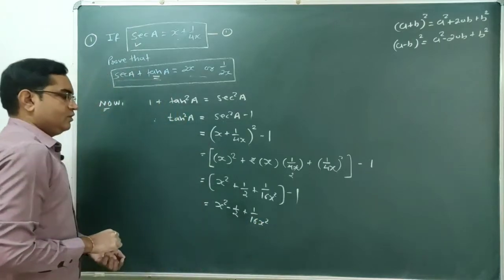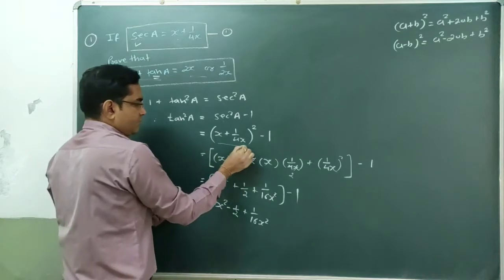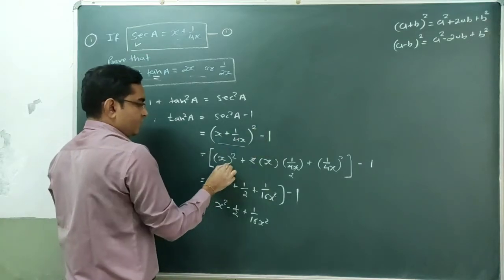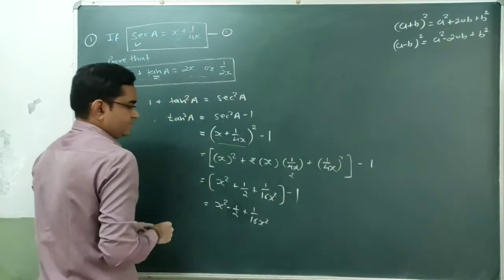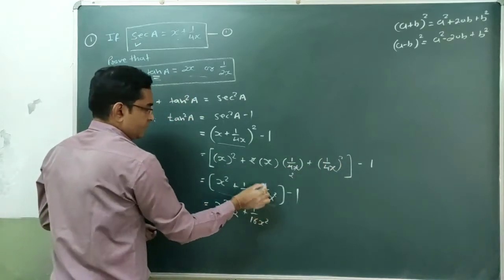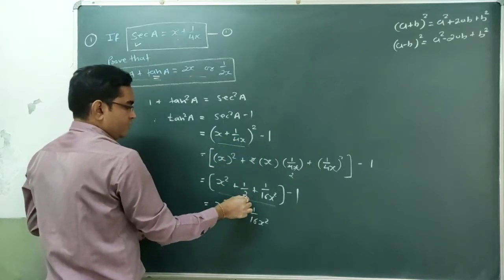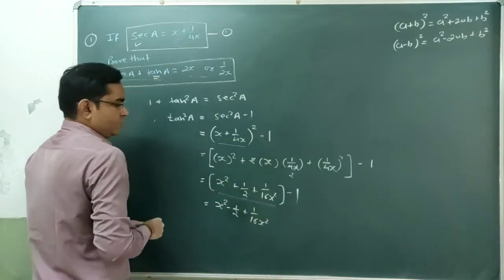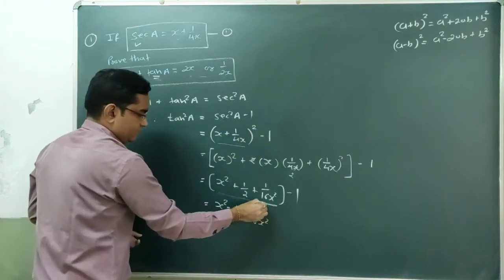Students, here you can note that the expansion of x plus 1 by 4x whole square is x square plus 1 by 2 plus 1 by 16x square. So the expansion of this term is this one.